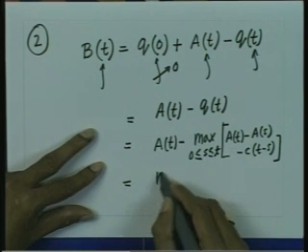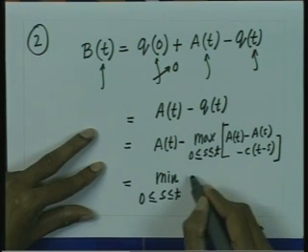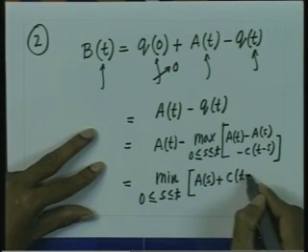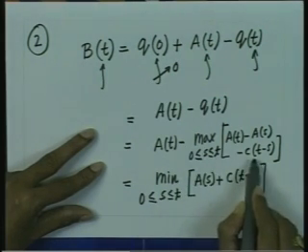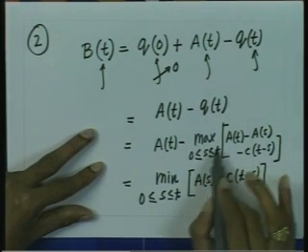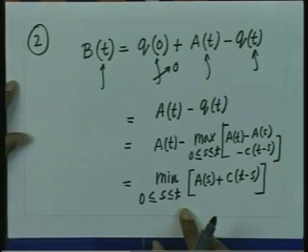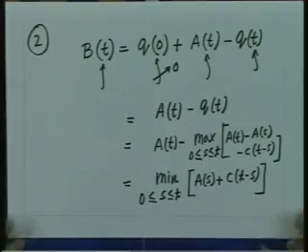Therefore, this is equivalent to saying that we are minimizing it over 0 to t of a_s plus c(t minus s). Because I take this minus sign out, this would be equivalent to minimizing over 0 to t.